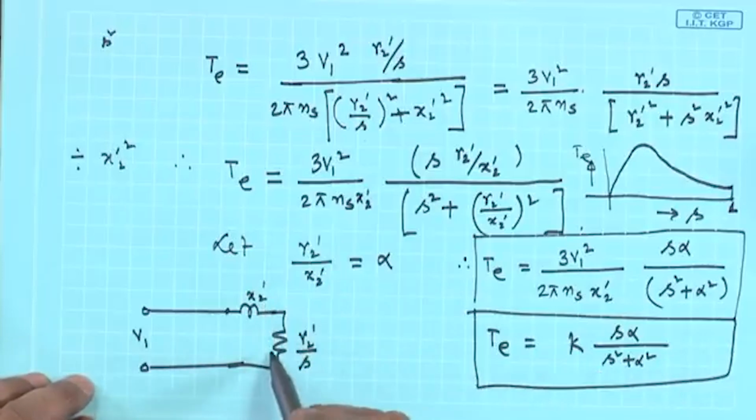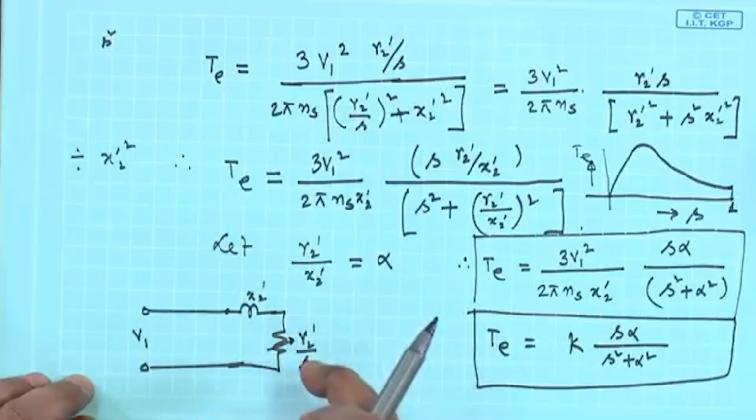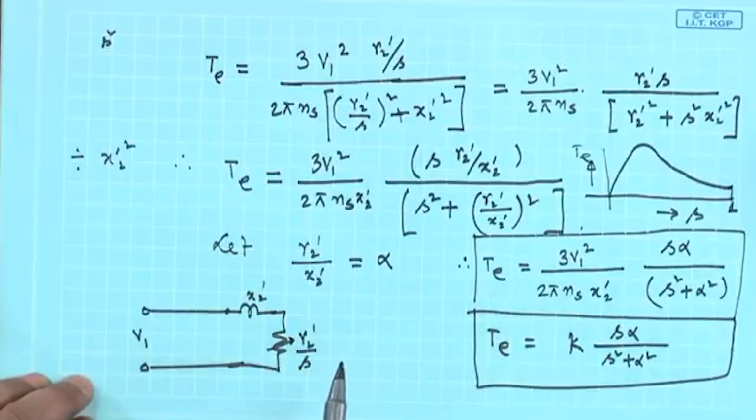Once again, it is a circuit where this resistance is being varied as slip changes. And when the power in R2 dashed by S will be maximum, then also the torque will be maximum.